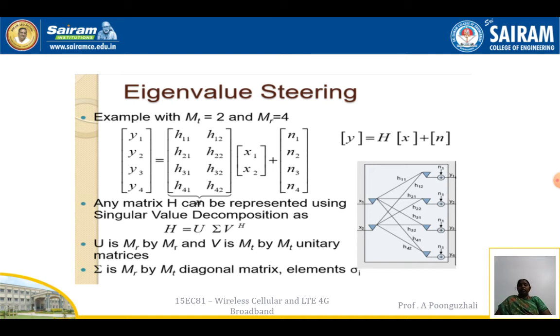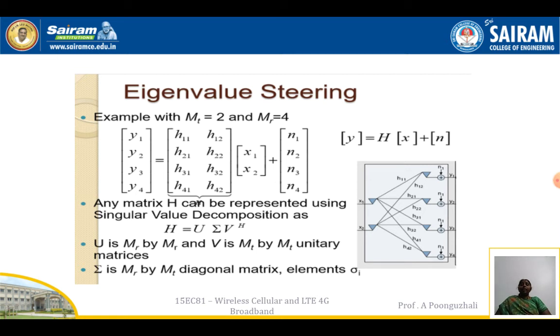That is, the number of receive antennas is 4 and the number of transmit antennas is 2. So X1, X2, and H11, H12, H21. So this is the matrix. I can write Y is equal to Hx plus N.